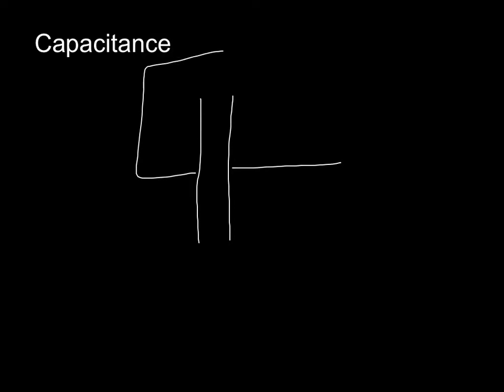So basically what a capacitor is, it is a set of two plates, and they're attached to some sort of battery, some sort of voltage source here. So here's your voltage. And remember we were talking about the electrical potential between one end of the battery and the other end of the battery.